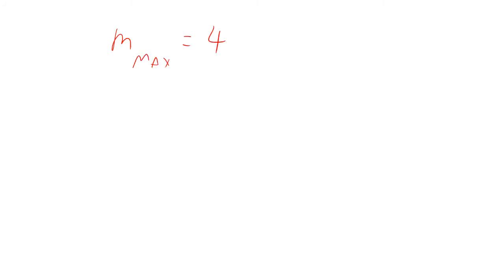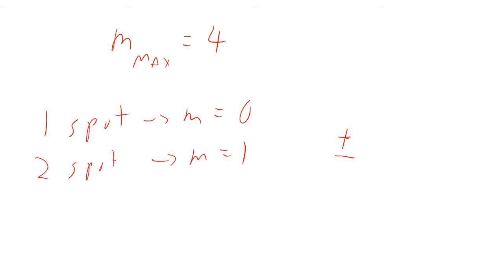Okay, so how many spots do we have? Remember, we have one spot at m equals 0. If m equals 1, we got a spot above and a spot below. So that means it's 2 spots. So for m equals 2, that's also 2 spots. So what does this do?